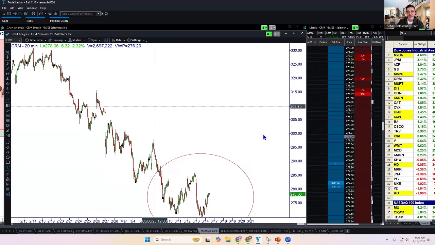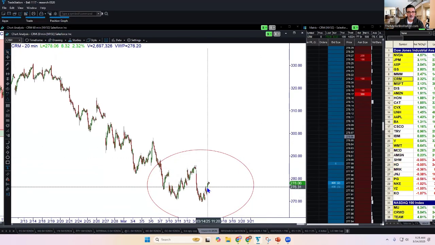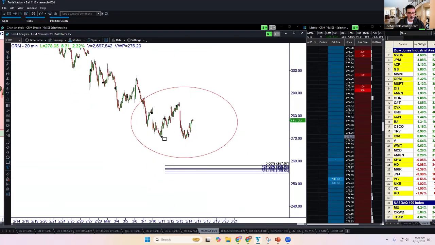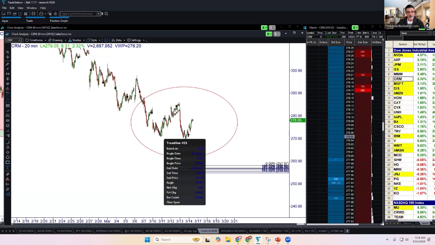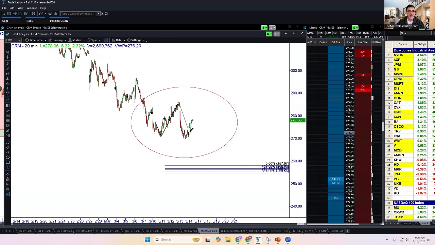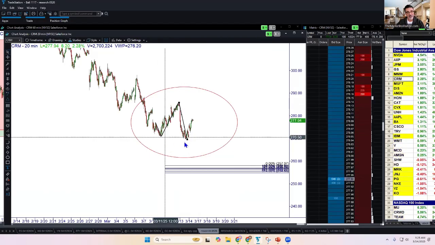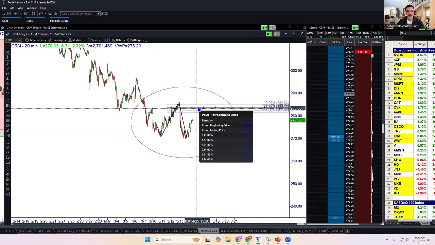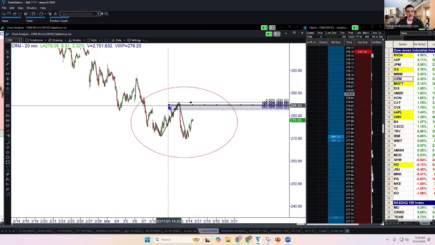Now, in a 20-minute chart, we can visualize that we're not looking at a double bottom anymore. As we can see, the price broke and went slightly lower. By measuring the prior swing, we're now looking at extensions outside of that range.